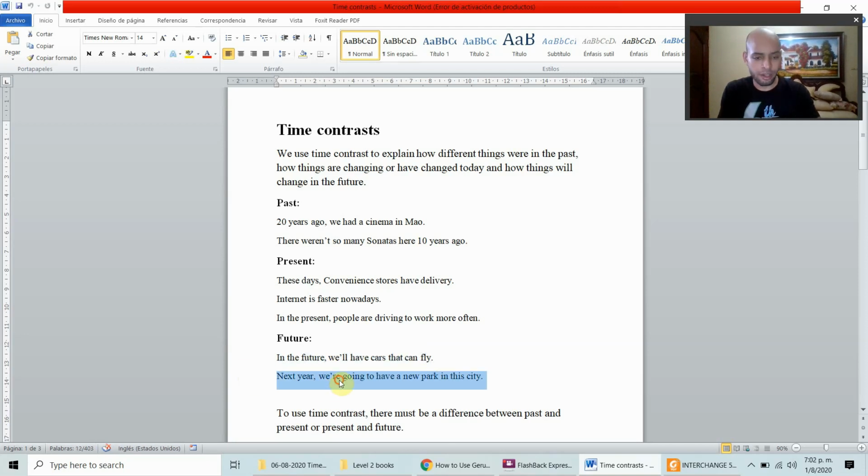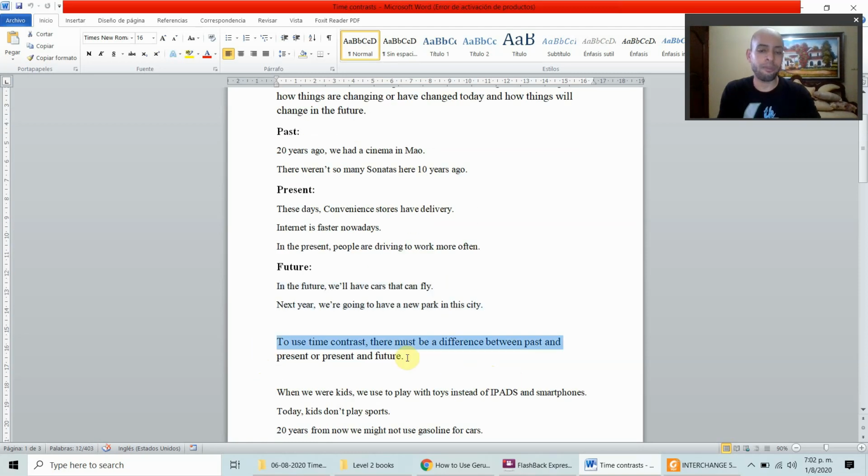So next year, we're going to have a new park in this city. Now, this year we have some parks, but this one that is being planned is not ready. We don't have this park that is being planned, but next year we're going to have it. So as you can see, there is a difference between now and the future in these two sentences.